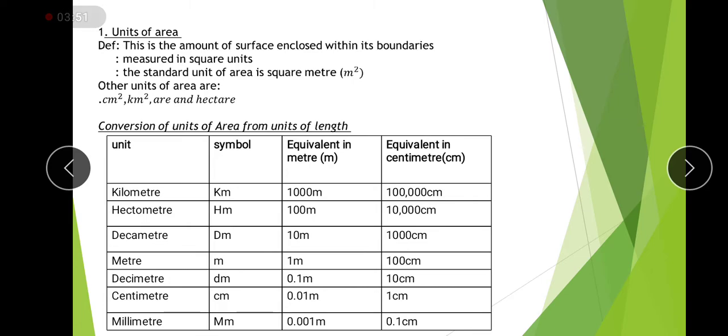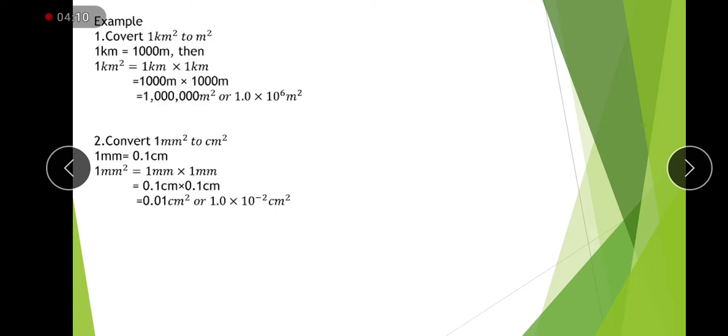I'll show you how you can convert square kilometer to square meter. And example number two, I'll show you how we are going to convert square millimeter to square centimeter. And then I'll leave the others for you to fill, and then you'll send your answers to your class teacher.